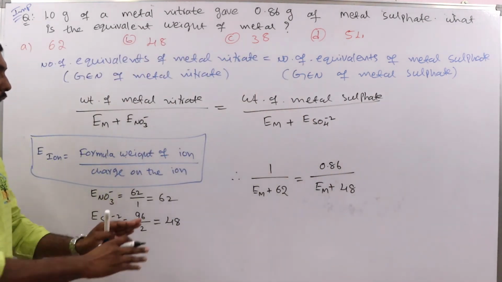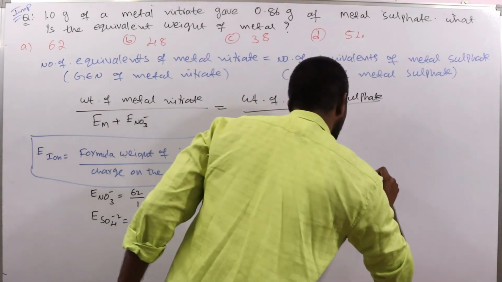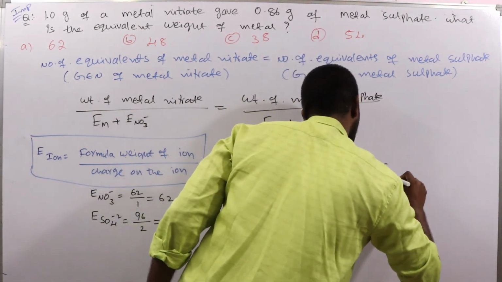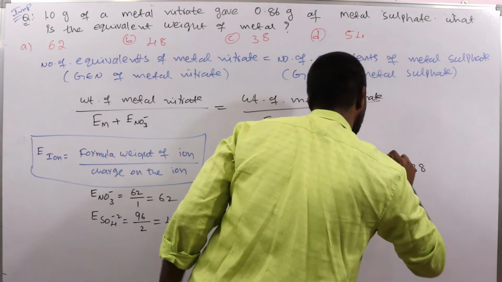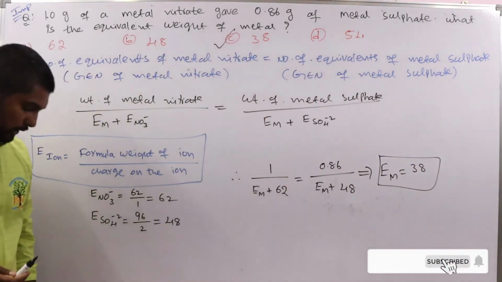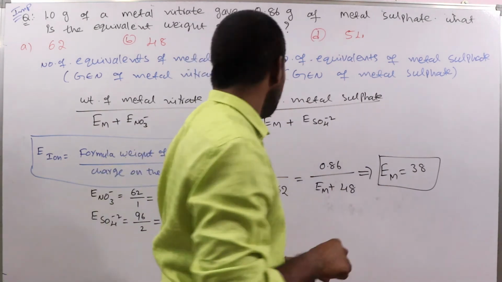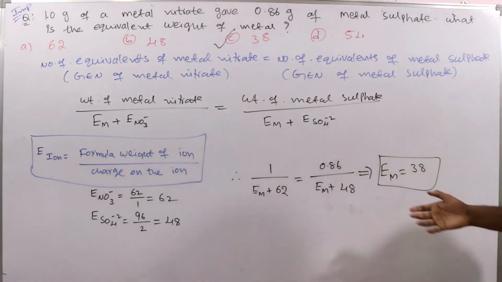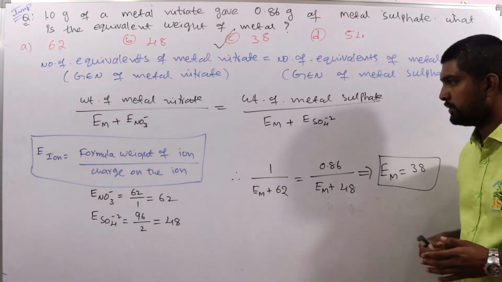Yes or no? So after simplifying this one, we get equivalent weight of metal is equal to 38. So option C is the answer. Okay, clear? This simplification you can do yourself because I don't want to waste your time.